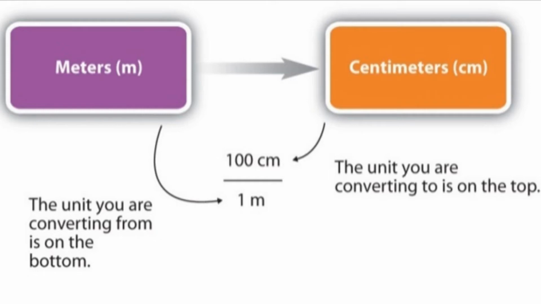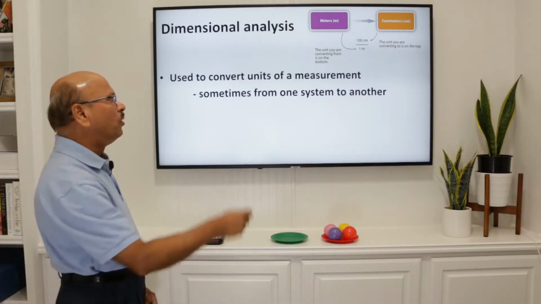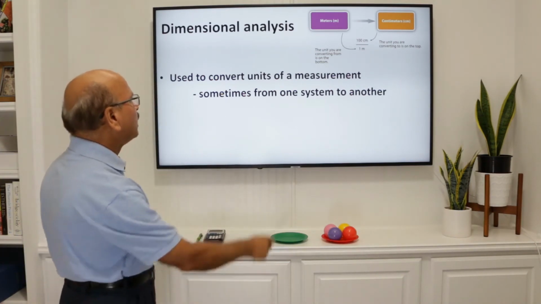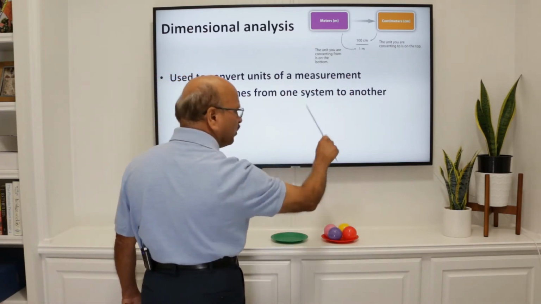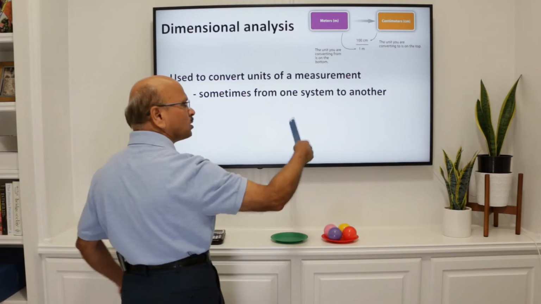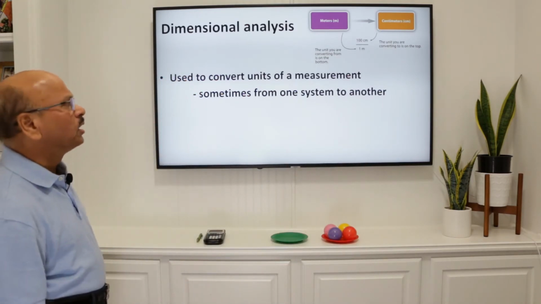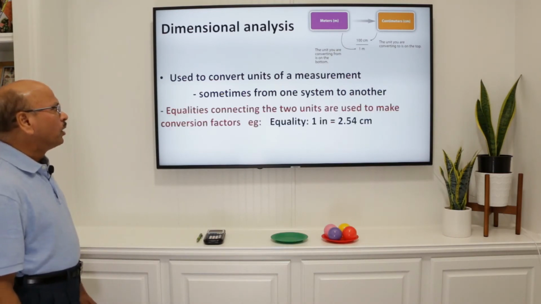So we are going to convert units. One measurement unit is converted to another measurement unit. And sometimes you are going from one system to another, meaning from a British system to an SI system. You can also have a change within the SI system or to other systems. Okay.